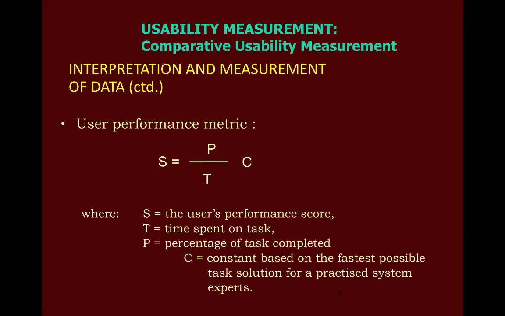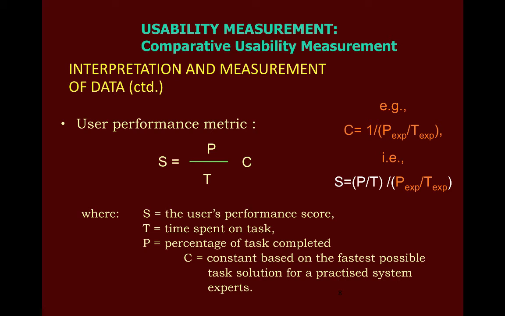So when you have timings like 10 seconds to do something, 20 seconds to do something, it should be measured relative to the time taken by an expert. So if you consider the value of C as a reciprocal of Px over Tx, so this is the time that an expert user takes, then you can express S as a ratio of your performance, Pot, against the performance of the expert, Pxp, divided by Txp.